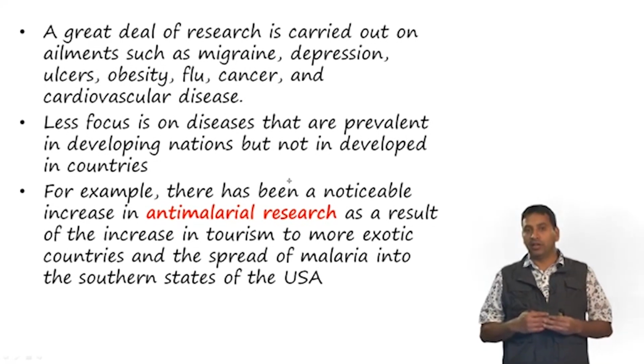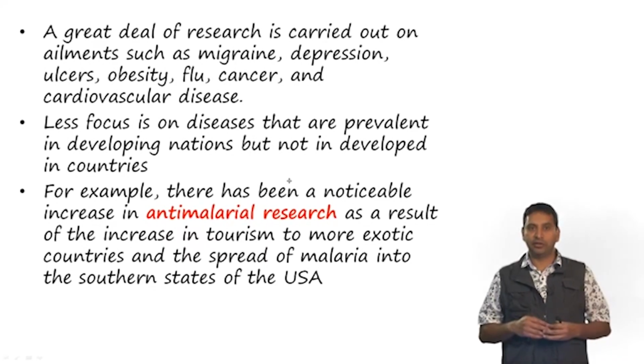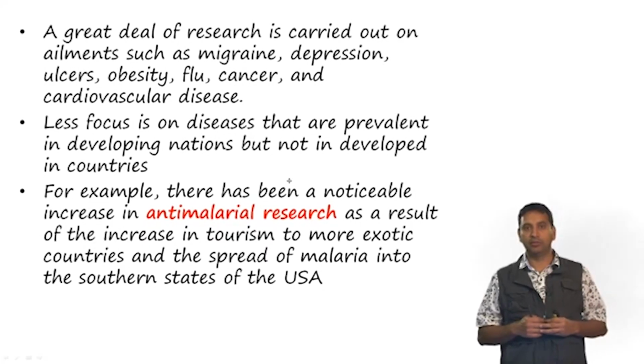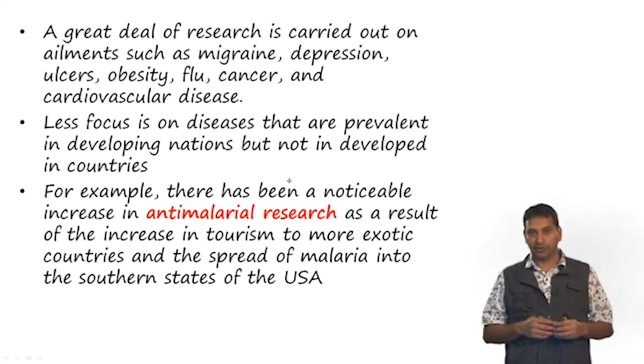But these are driven by the patients that are present in developed nations. Okay. So, a large number of people suffering from these diseases are going to be consumers of the medicine that is developed in advanced countries.